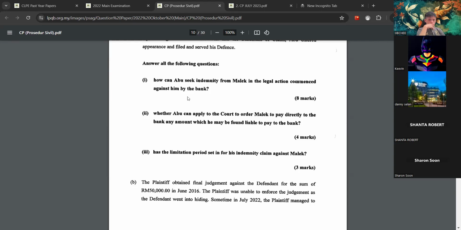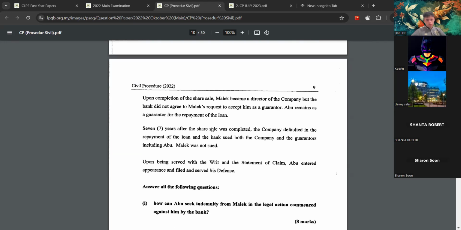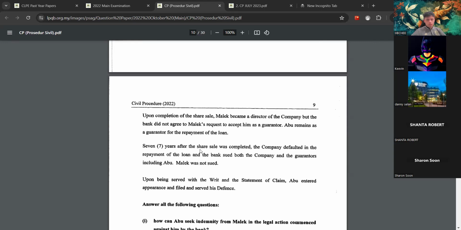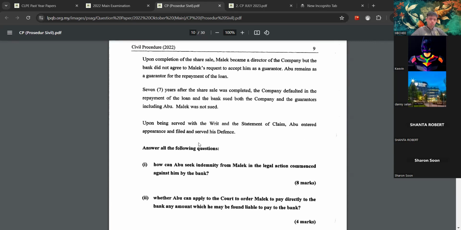Okay. Whether the limitation period has set in for the indemnity claim against Malek. To answer this, you see, 7 years after the completion of the sale of shares, the company defaulted in the repayment.